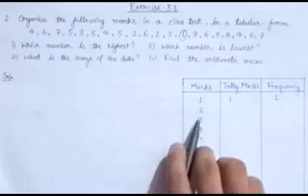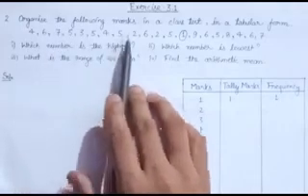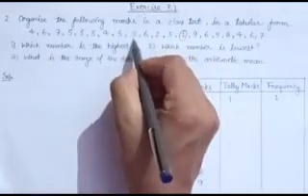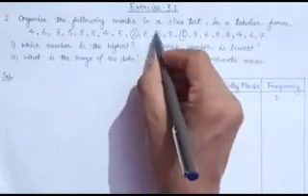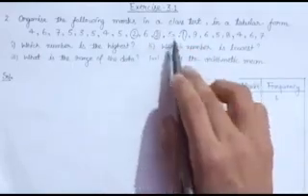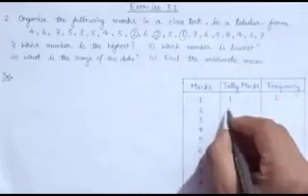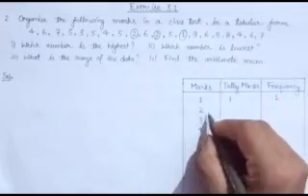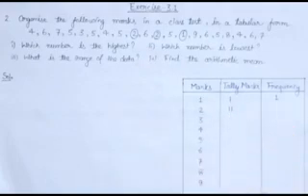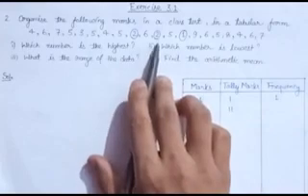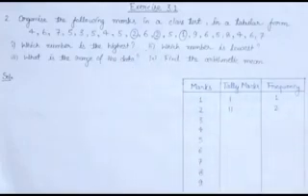Now let us find 2. So you can see here is the 2. After that, here is the 2. So 2 has occurred 2 times. So tally marks corresponding to 2 is these 2 lines. As 2 has occurred only 2 times, so frequency is 2.